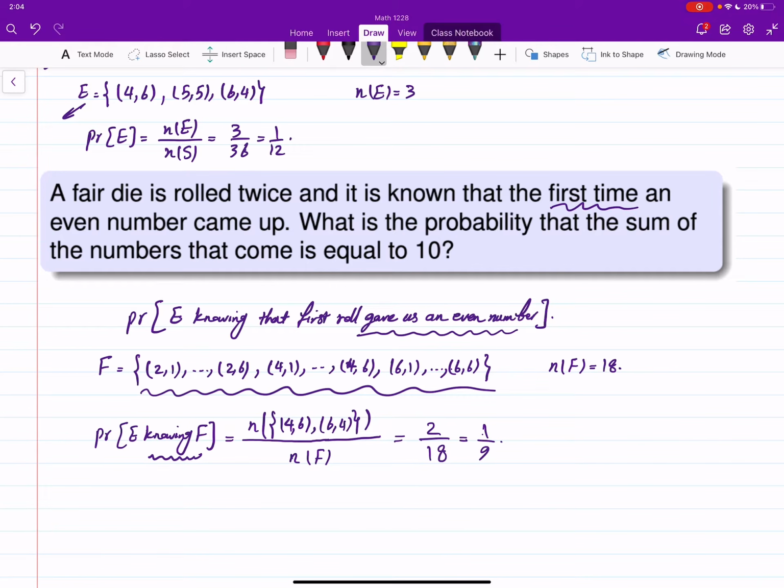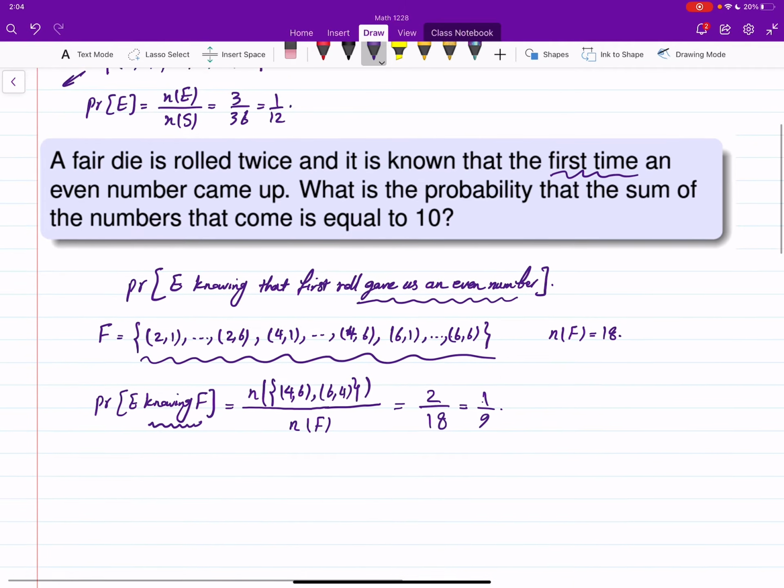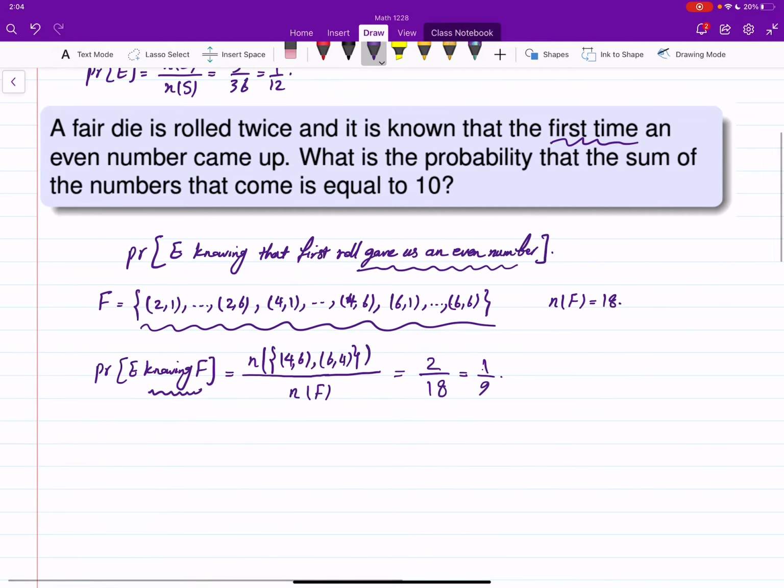But the way I wrote everything here, you may say, okay, each time I have to define a new sample space and so on. But to be honest, you don't need to do that. First thing here is that you see I can divide both the numerator and the denominator by n of S.